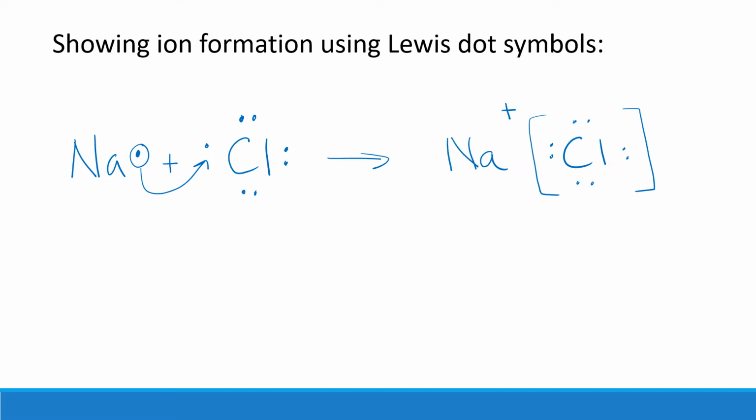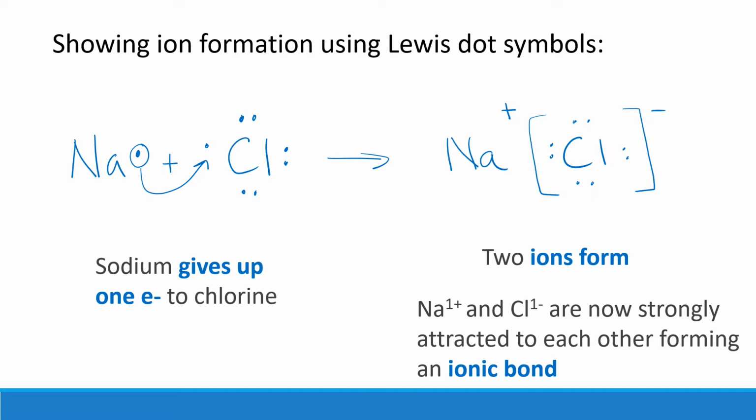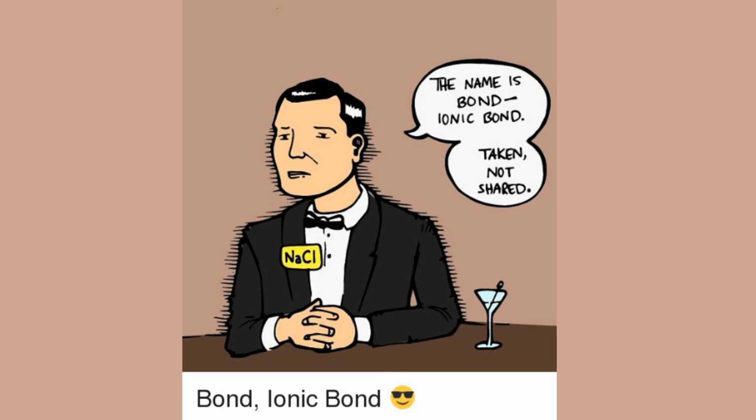Put that in brackets to hold everything in, and with a negative charge outside. So that represents sodium giving up 1 electron to chlorine, right? Formation of 2 ions, which are now strongly attracted to one another, forming an ionic bond. So the name is ionic bond. Taken, not shared. Get it?